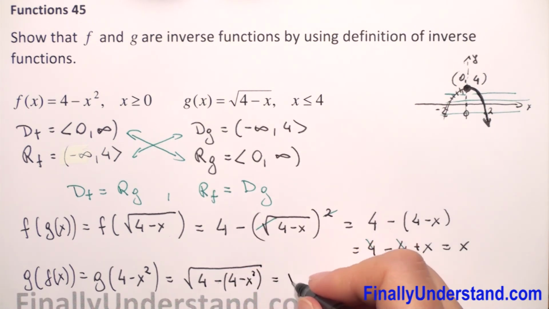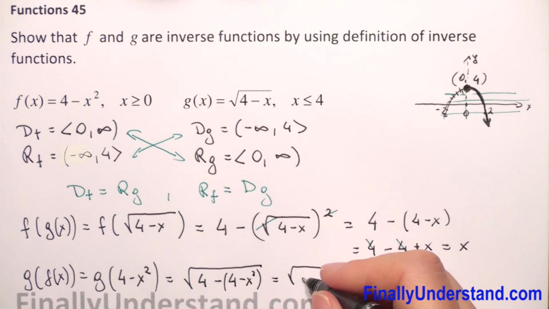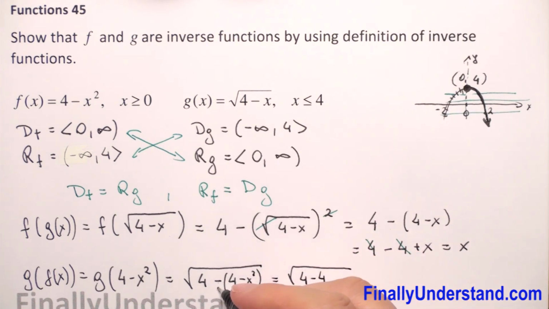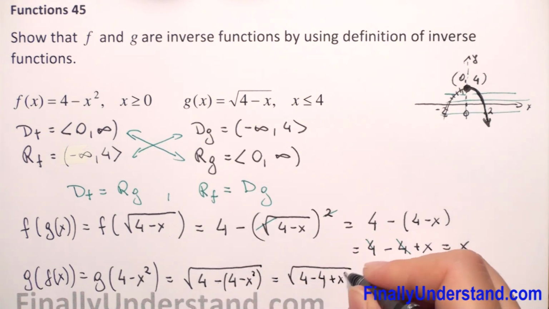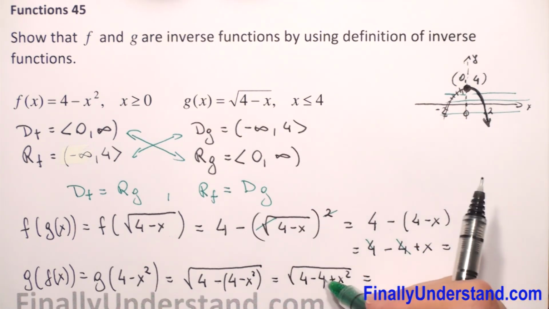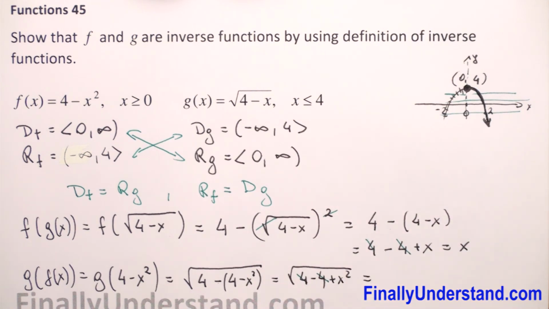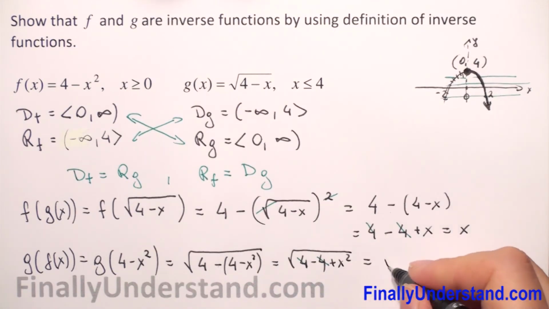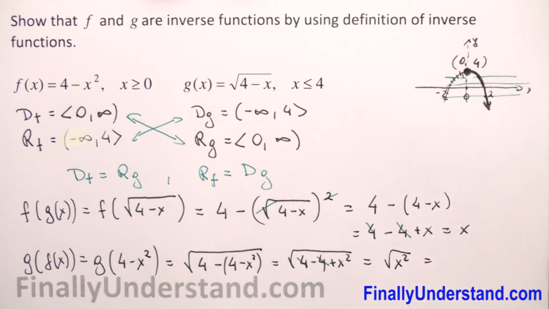So this is equal, the square root we copy, and under the square root 4 minus 4, negative and negative, so will be positive x squared. So this is equal, 4 minus 4 we reduce, so we have the square root of x squared. So the square root will reduce with exponent 2, so this is equal x. We got the identity function. So we can say that f and g are inverse functions.